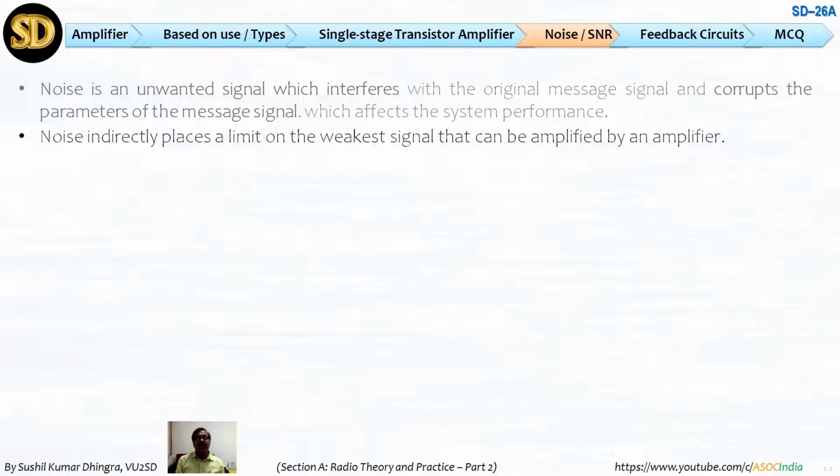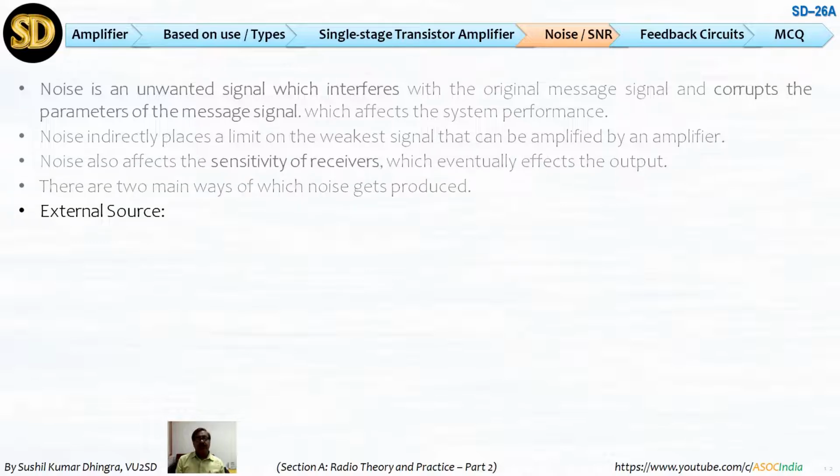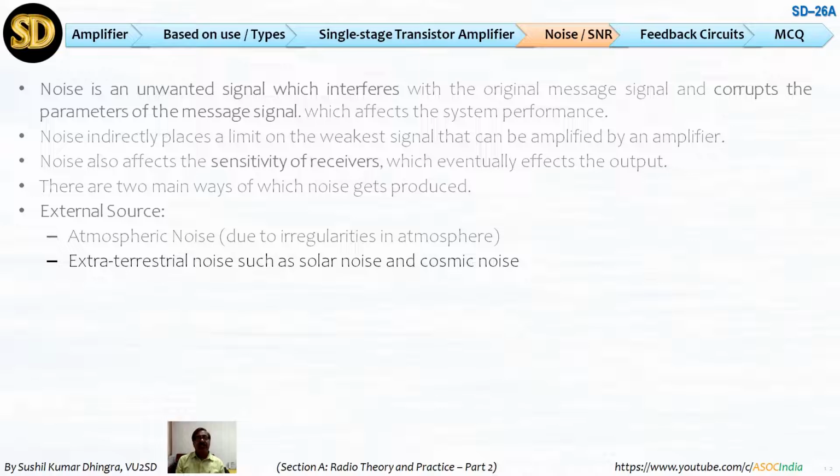They are basically of 2 types. The first is external sources: atmospheric noise due to irregularities of the atmosphere, and extraterrestrial noise such as solar noise and cosmic noise. This is especially important for RF communication.